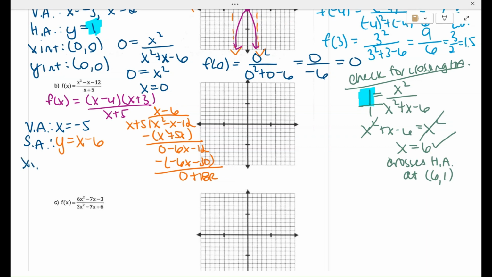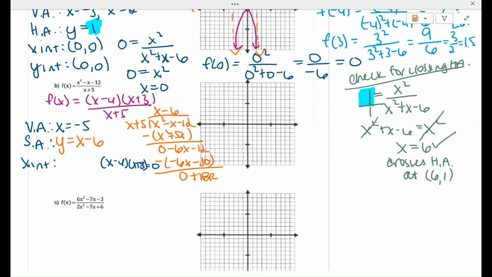The x-intercepts, I'm going to look at my numerator and set it equal to 0. So for the x-intercepts here, I'm going to take this x minus 4 times x plus 3 and set it equal to 0. And so I'm going to get 4 comma 0 and negative 3 comma 0.